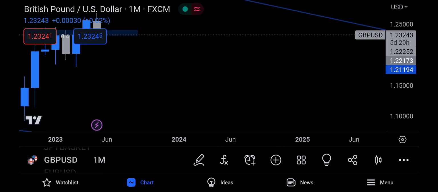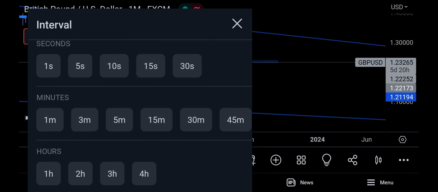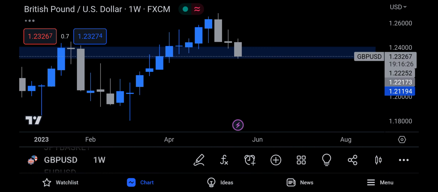So let's go over to weekly, sorry. Let's see what we have. So just as I pointed in monthly, it's still the same thing in weekly.